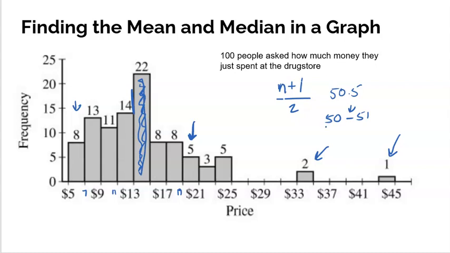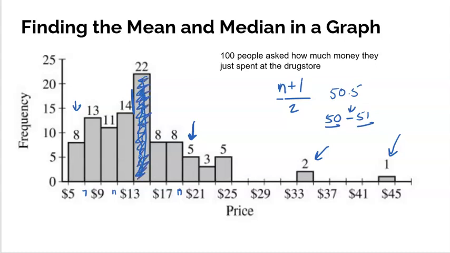And again, I'm looking for the 50th and 51st value because that's where the median is, right in between the 50th and 51st value. So I don't know what those values are. I truly don't. But I do know that whatever the 50th value is, it's in this bin.